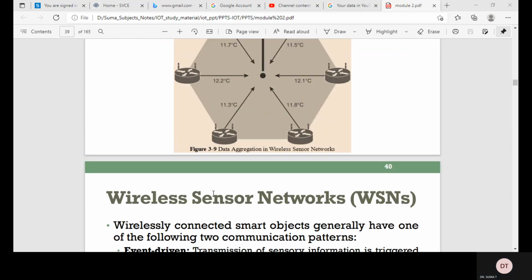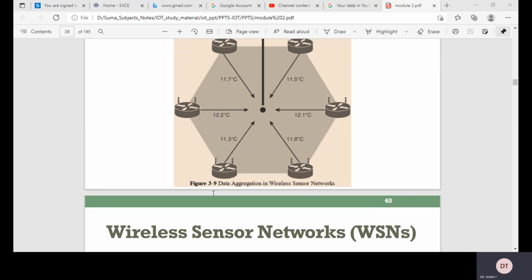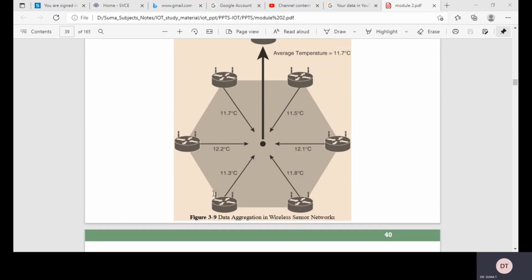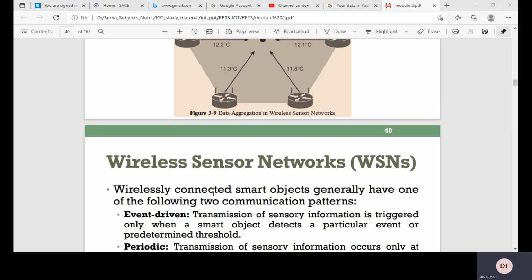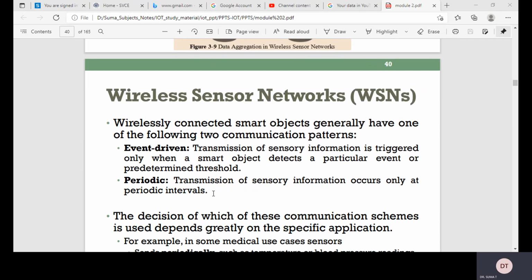This diagram illustrates the data aggregation in wireless sensor networks. You can see the average temperature. If you take all the nodes' temperatures and aggregate them, it will be around 11.7 degrees Celsius. These data aggregation techniques are helpful in reducing the amount of overall traffic, and energy also.